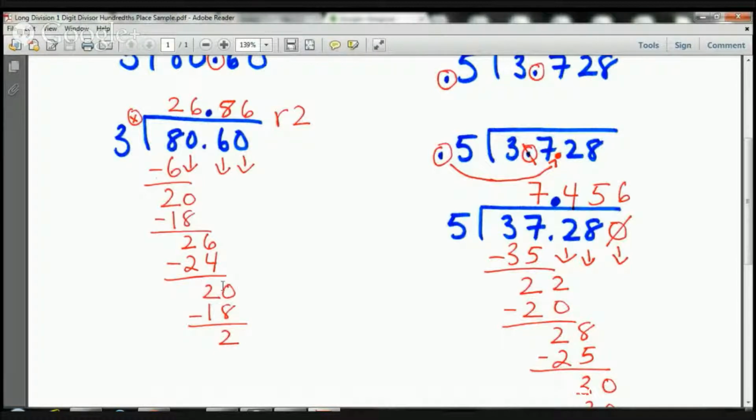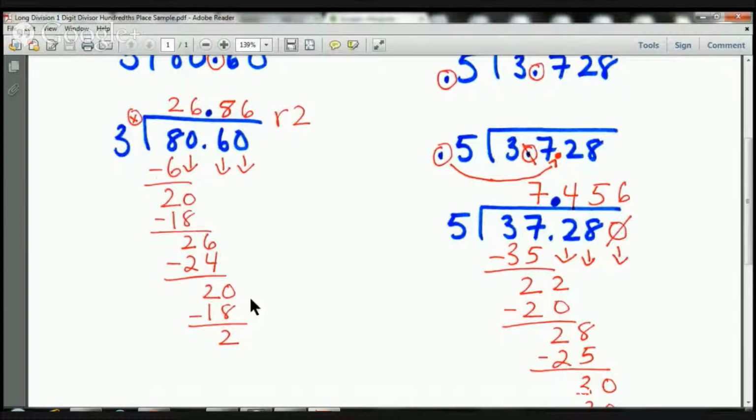I'm going to put my 2 right there, and this last 0 here, I'm going to drop it all the way down. Okay? So how many times can 3 go into 20? 3 can go into 20 6 times. I'm going to put my 6 right there. 3 times 6 equals 18. What's 3 times 7? 21.